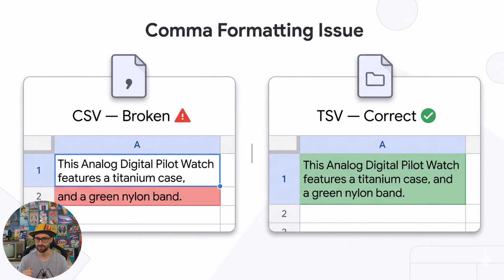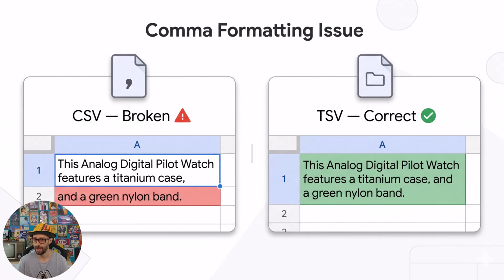Now, here's something important about how you submit this, and this trips a lot of people up. Use a TSV file, not a CSV file. And here's why. If your product highlight contains a comma, a CSV file will treat that comma as a column separator, which completely breaks your data. Let me give you a real example.